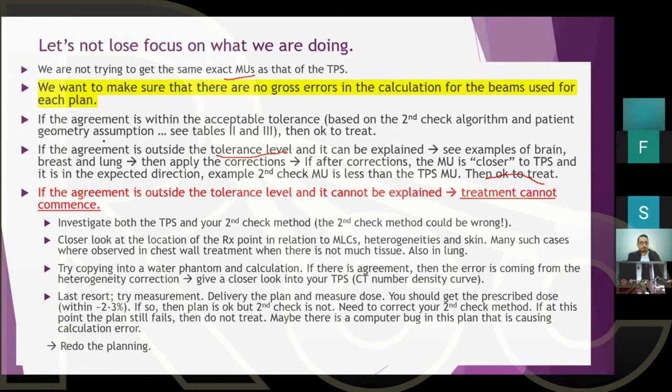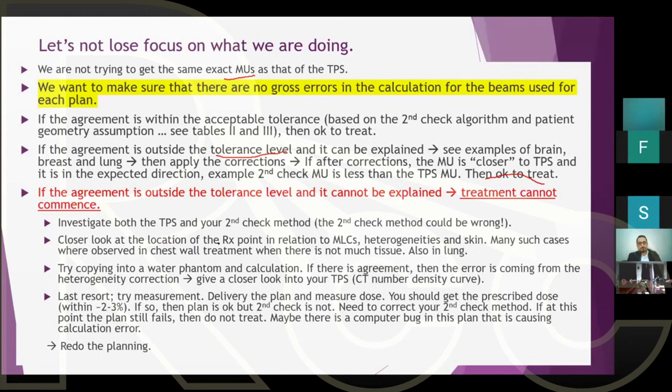You can't, because you don't know if this 10% disagreement is from the planning system itself, so the MU are actually wrong, or maybe from the second check itself. Now remember, second check could also have errors in it. So you have to investigate both your TPS and your second check.